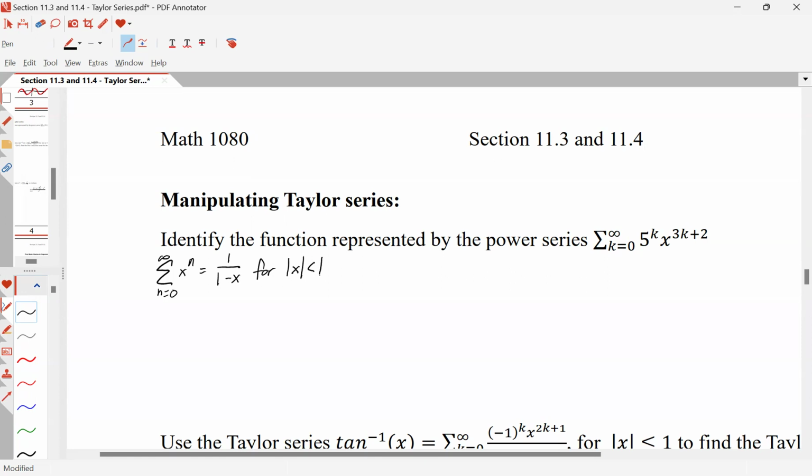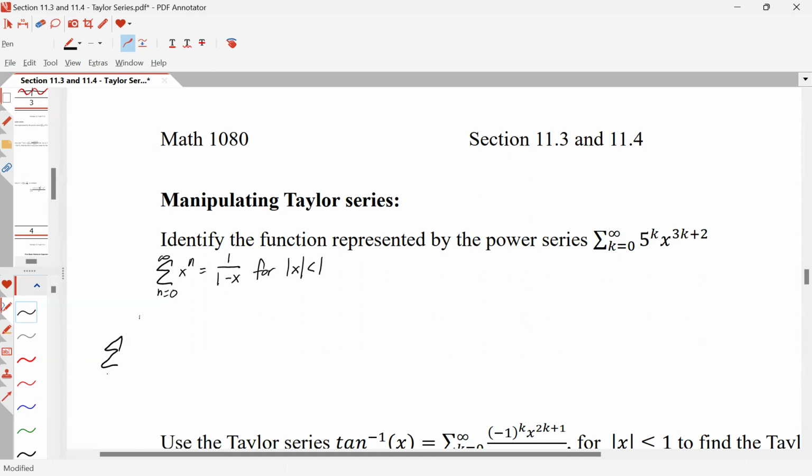We've worked with this in the past, but now what the Taylor series section is saying is that the function 1 over 1 minus x and the power series x^n are the exact same thing on this interval of -1 to 1. If we were to graph them both from -1 to 1, the functions would line up exactly. So if I want to know about this series, I can make it look like that function.